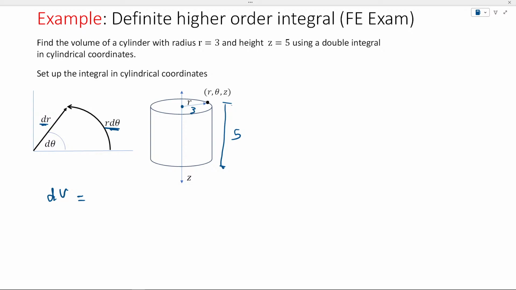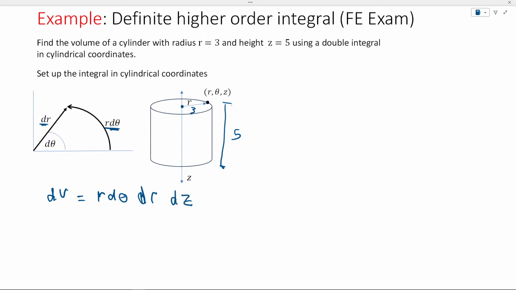So that would be equal to r d theta times dr times dz.